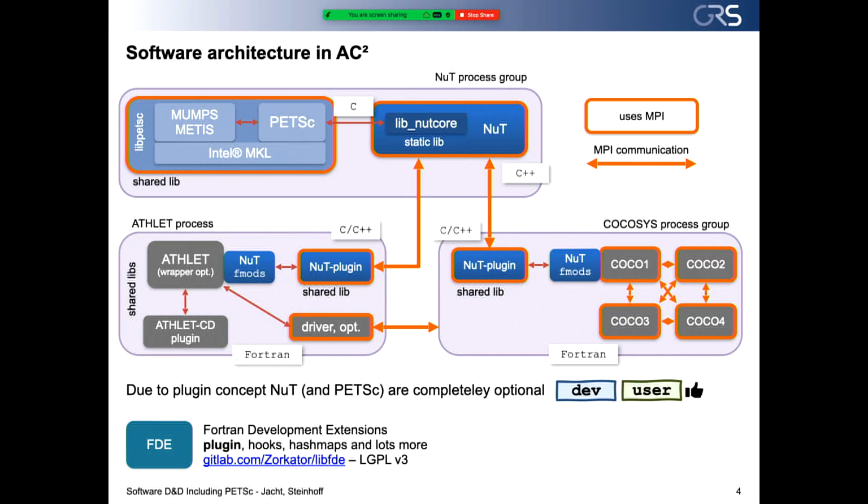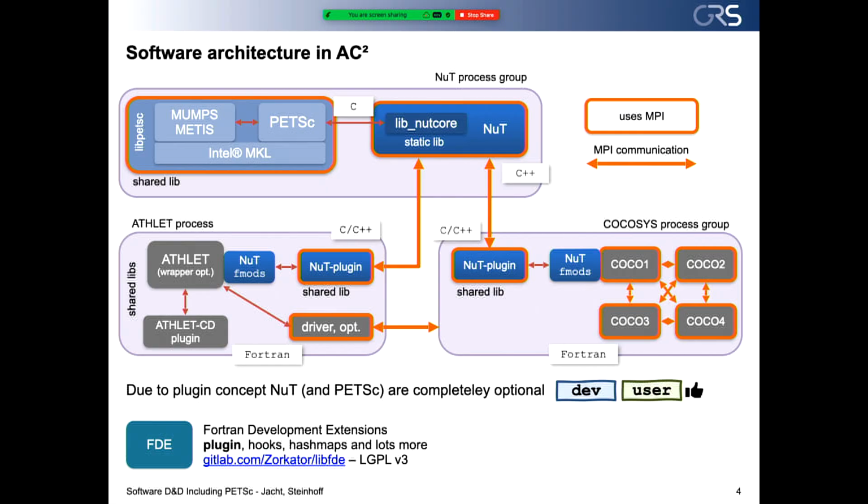To use this plug-in mechanism, we needed these Fortran development extensions, which are developed by one of our colleagues, and he made it publicly available under GitLab, and it's LGPL, so it's pretty easy to bring it into actually any program. NUT itself is written in C++.